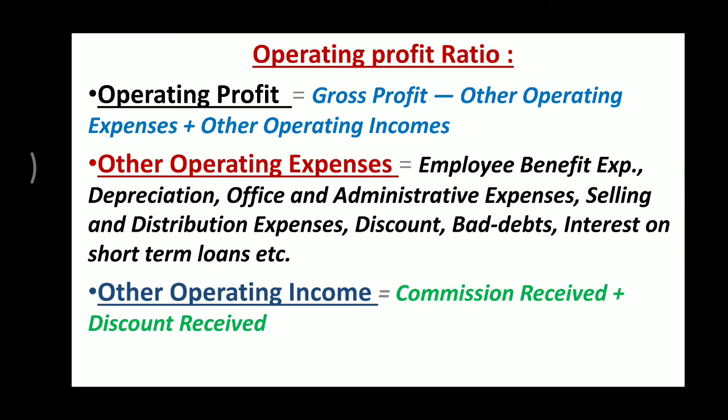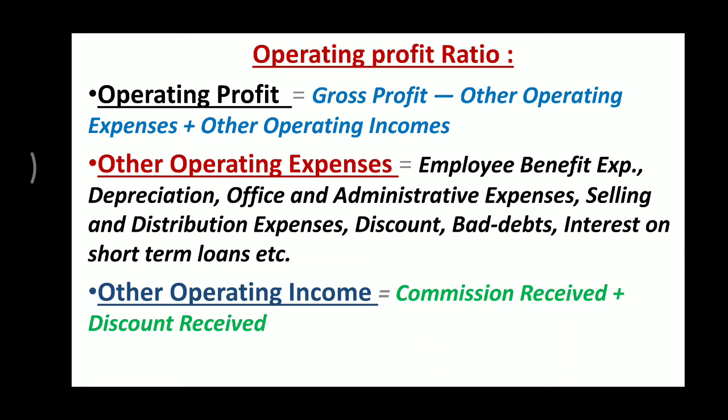Then office and administrative expenses, selling and distribution expenses, discount allowed, bad debts, interest on short-term loans paid. These are the main operating expenses, and you are supposed to memorize them: employee benefit expense, depreciation and amortization, office and administrative expenses, selling and distribution expenses, discount allowed, bad debts, interest on short term loan.